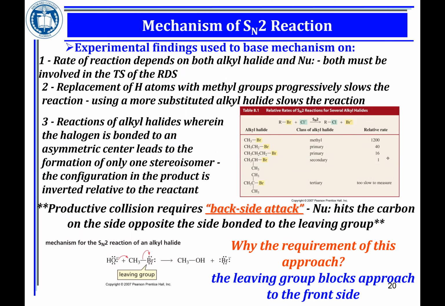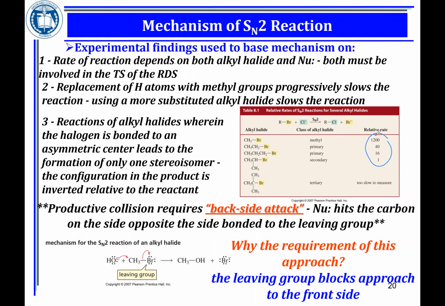So for a reaction where the alkyl halide is a primary alkyl halide, this is an experimental finding. You have methyl bromide, ethyl bromide, propyl bromide, and then you have your secondary and tertiary, and you look for the experimental value.